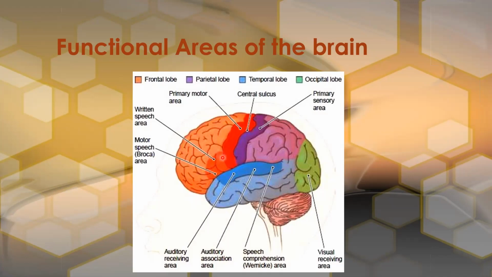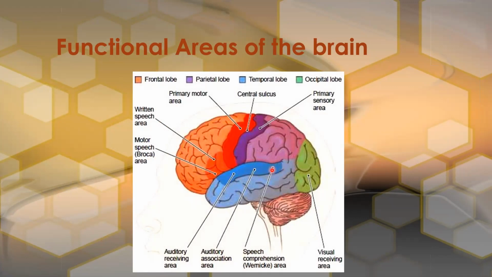There are also parts of the frontal lobe involved in speech, written speech or motor speech. Then you have the temporal lobe, which is involved in auditory function. There is the receiving area here, the association area here, and this is the speech comprehension area, Wernicke's area.